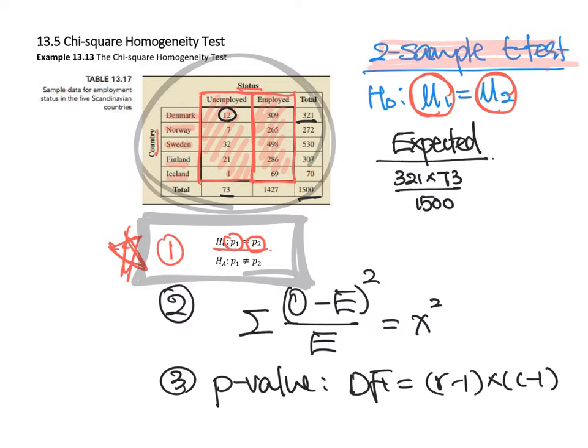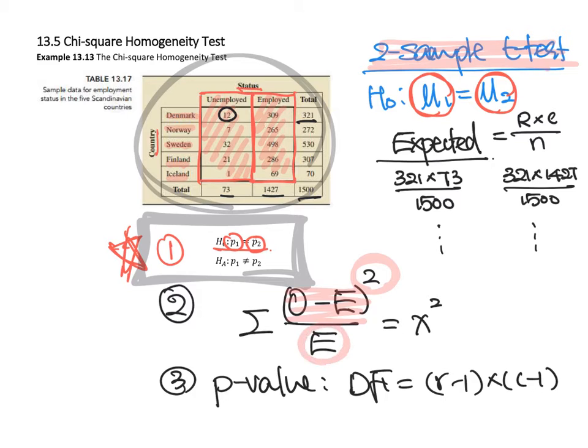The second one is 321 times 1427 over 15,000. In this way, it is the same way to get the expected count: the row total times its column subtotal over the sample size. Then you can take the difference, square it, divide by the expected count, and take the test statistic.